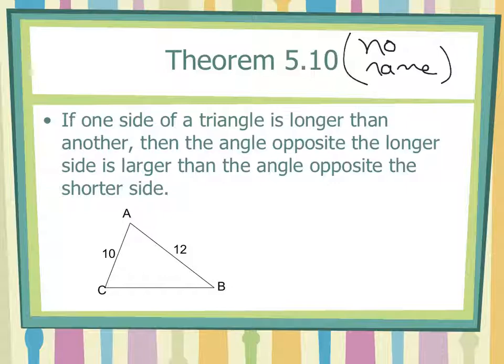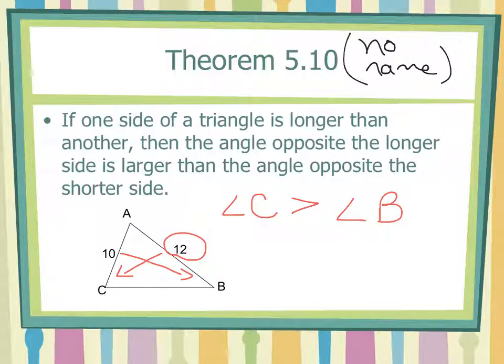So for example, angle C is opposite the 12 and angle B would be opposite the 10. Because the side that's opposite C is the bigger number, I would say that angle C is greater than angle B. So if you do not have any angle measures written inside your triangle to tell which angle would be larger, you're going to look at the sides opposite them.